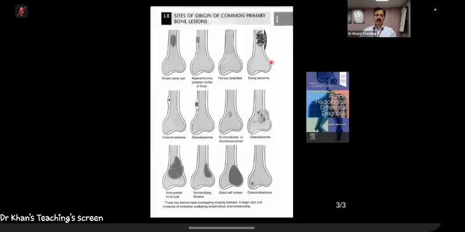So this is Ewing sarcoma, osteoid osteoma cortical, osteoblastoma. What is the difference between osteoid osteoma and osteoblastoma? That the nidus is less than 2 centimeter, while this is more than 2 centimeter. And chondroma or chondrosarcoma, we know in the metaphysis.